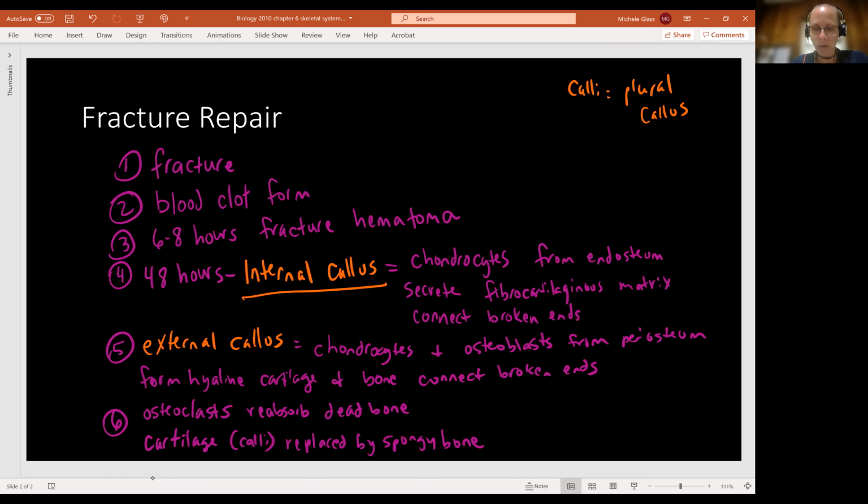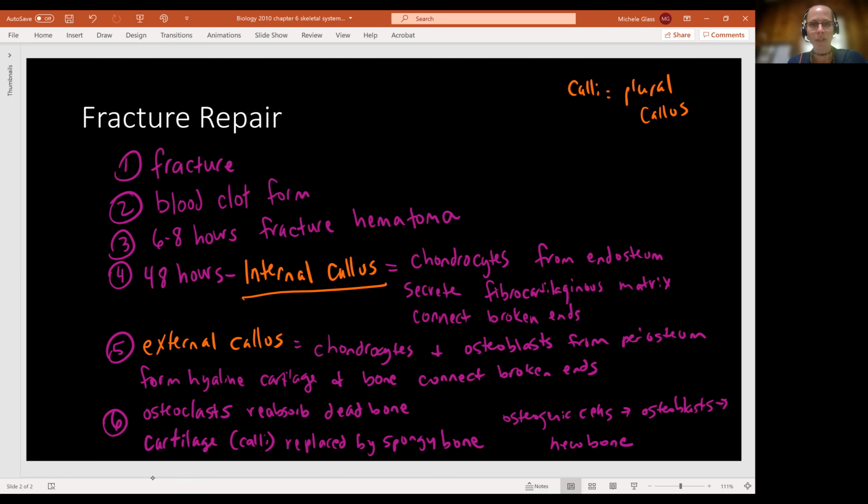And also we get osteogenic cells to make osteoblasts, remember? And then those osteoblasts are going to give us some new bone formation, okay?